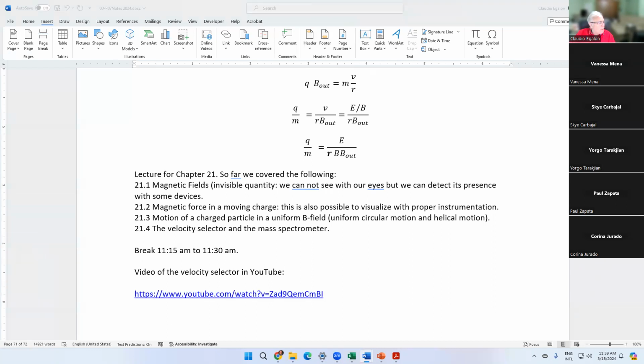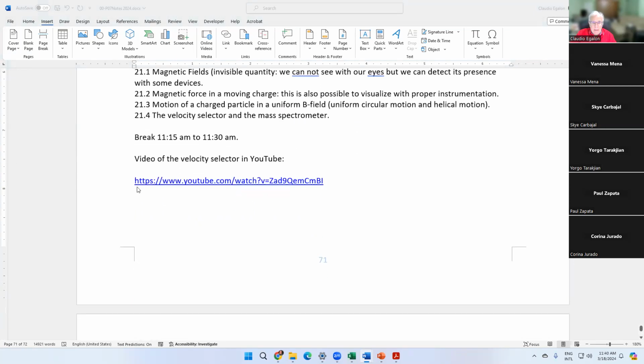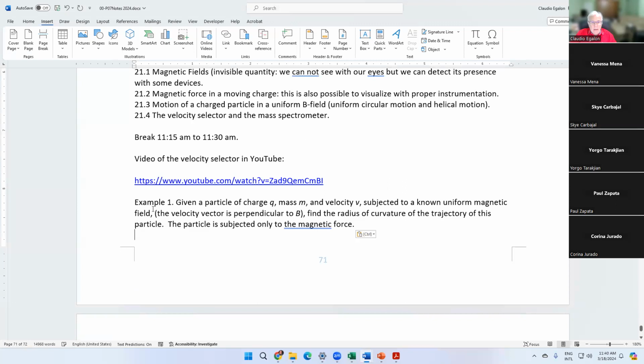We are going to do an example of magnetic force. Given a particle of charge Q, mass m, and velocity v, subject only to a non-uniform magnetic field. The velocity vector is perpendicular to B. Velocity vector, not velocity selector.